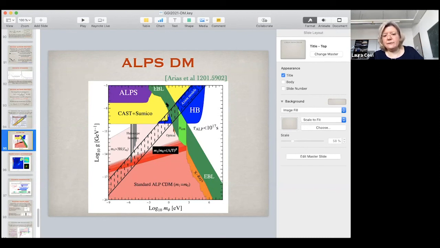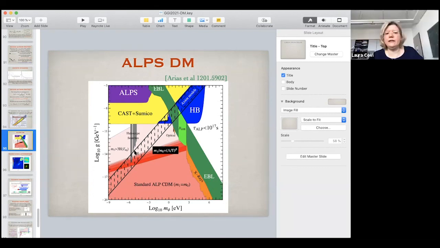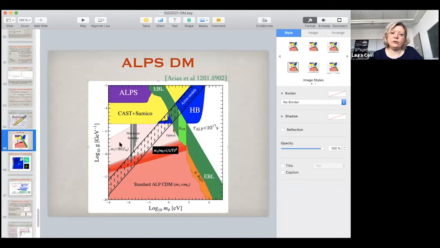This region colored on top is excluded. And this band here is, for example, the usual QCD axion, and this region instead is the standard ALP. And actually, if you change a little bit the condition, you could also push it up to this region. So this pinkish region is also still not completely excluded. Okay.